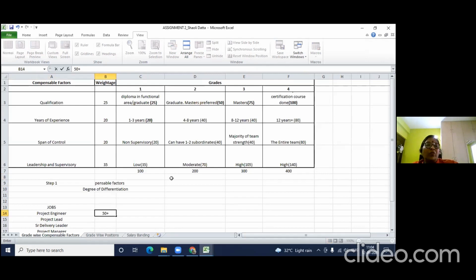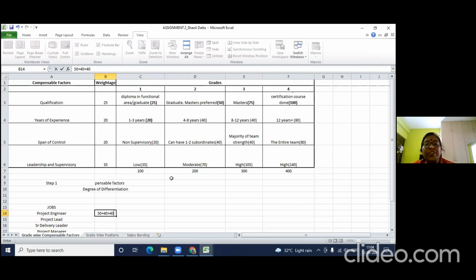50 plus, what would you say, years of experience? 40. Then span of control, typically it would again be 40. But project engineer will be in grade 2. No, these are degrees of differentiation. So we are looking at the degree of differentiation based on the job description.